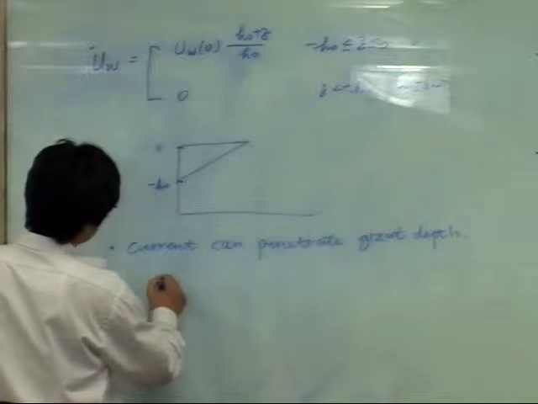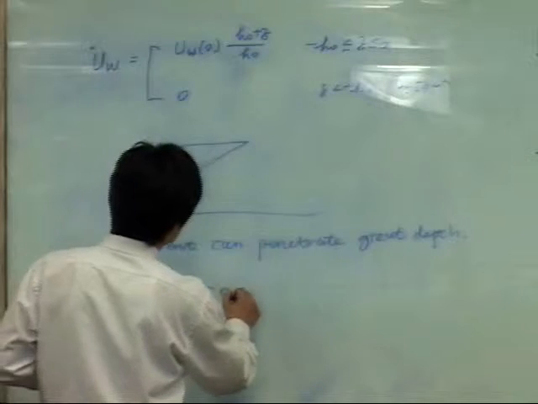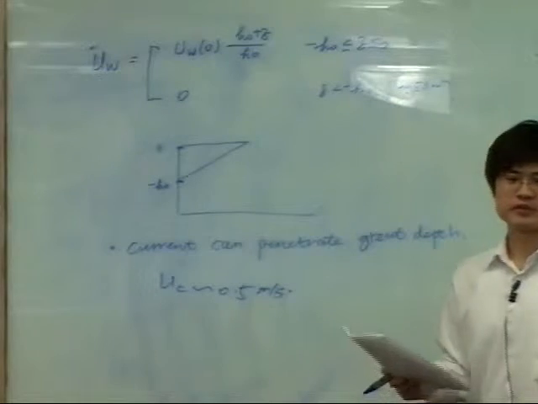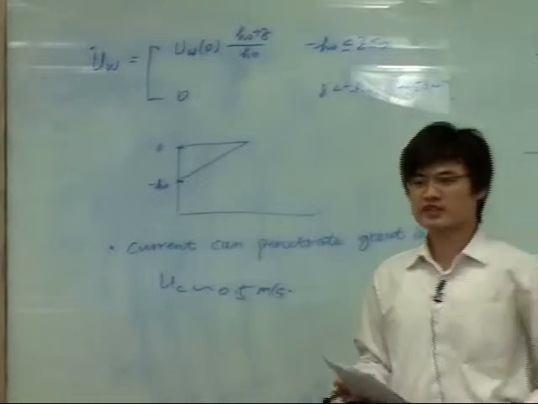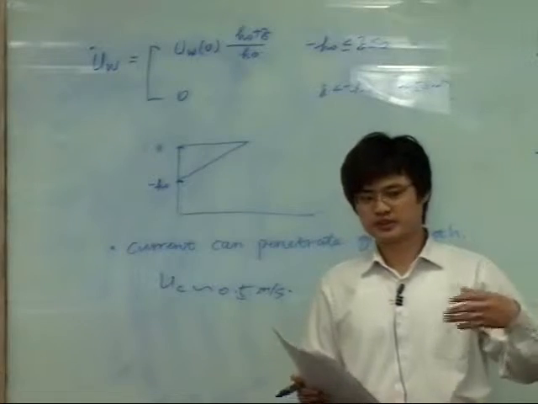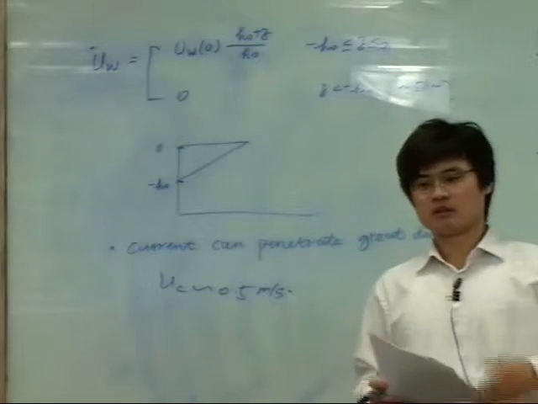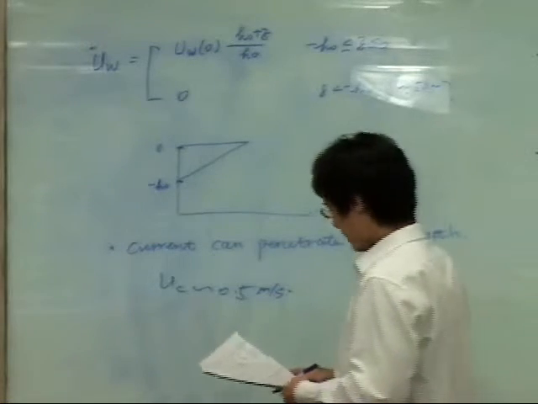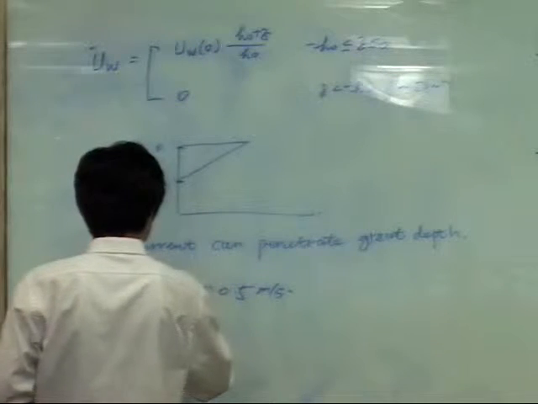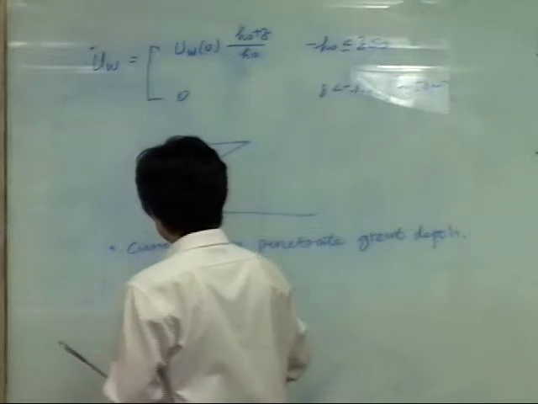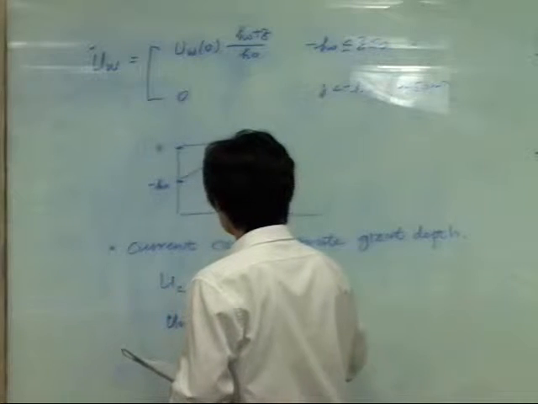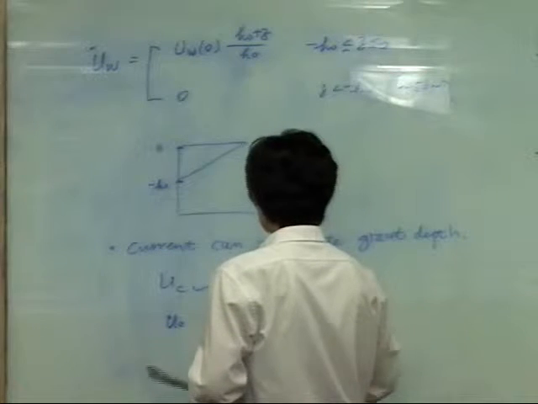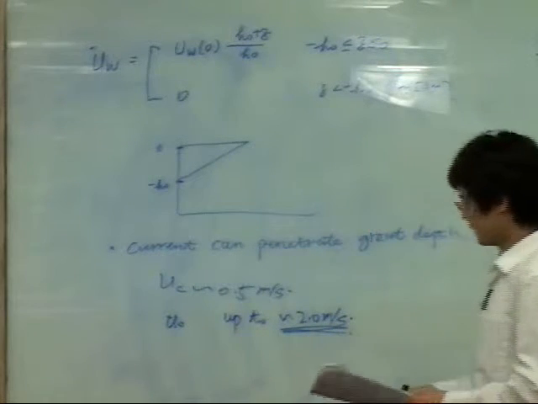Strong current, I mean the current velocity is approximately 0.5 meters per second. That gives us an issue when we design the risers and mooring lines. We have to consider the VIV or the current force, a lot of things. And on the surface, the current velocity can be up to around 2 meters per second. This is a very strong case.